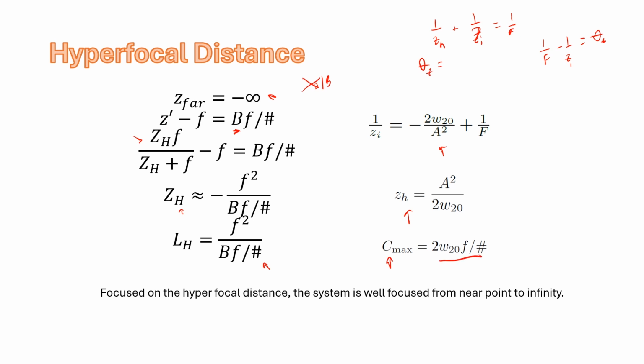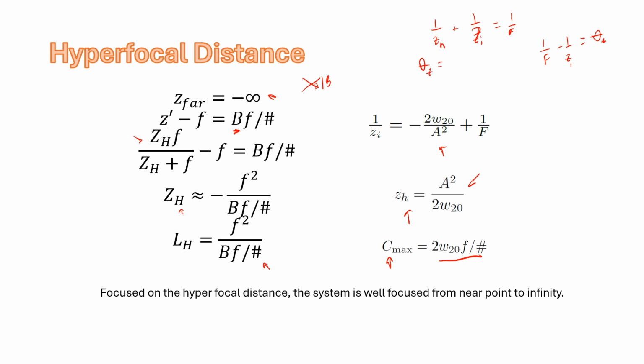It's equal to twice W20, the wavefront error, but our basic hyperfocal distance is the aperture squared divided by the maximum wavefront error W20, or we could write that as f squared divided by 2 times W20 times the F number squared.